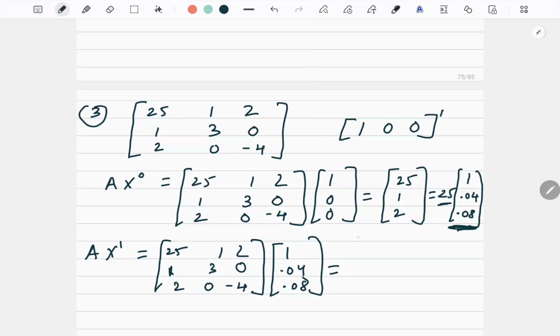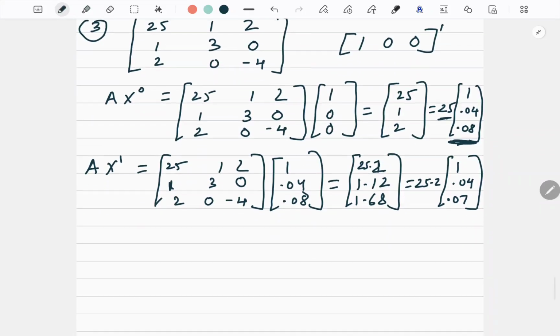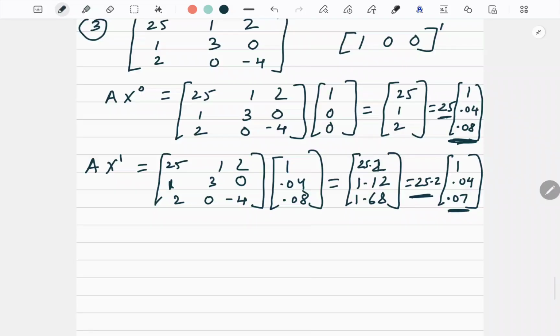Now when you multiply this, you will get 25.2, then 1.12, 1.68. Now highest is 25.2, take it out. So what is left now? 1, 0.04, 0.07. Correct? So this is my new eigenvalue, this is my new eigenvector.